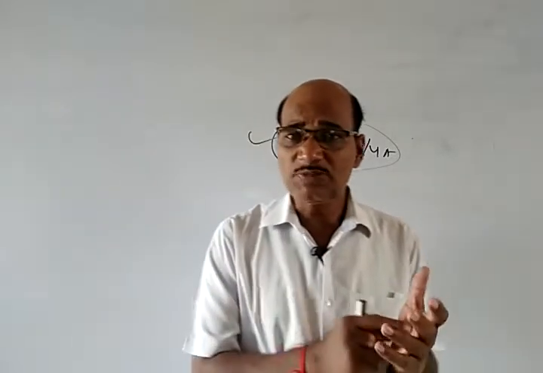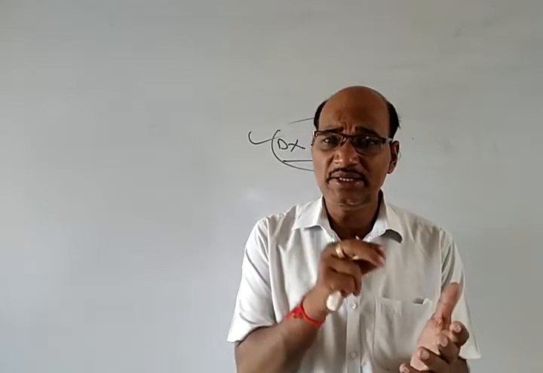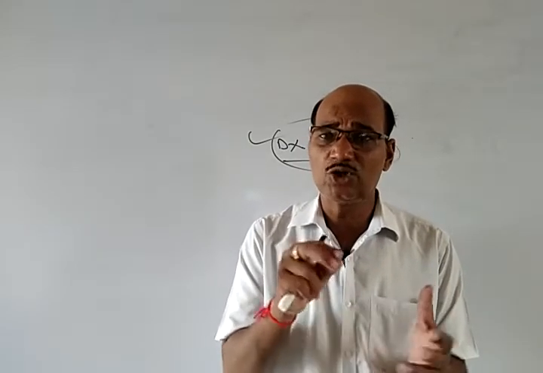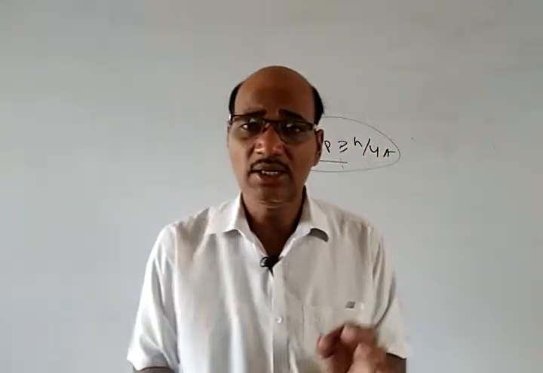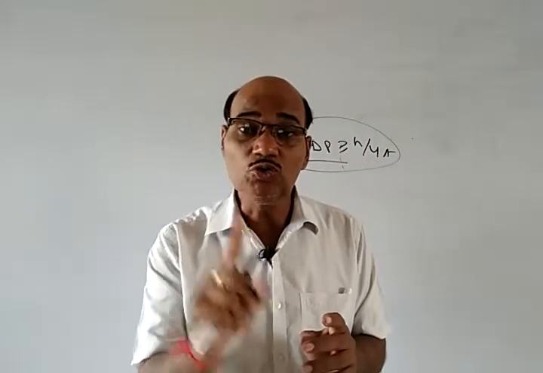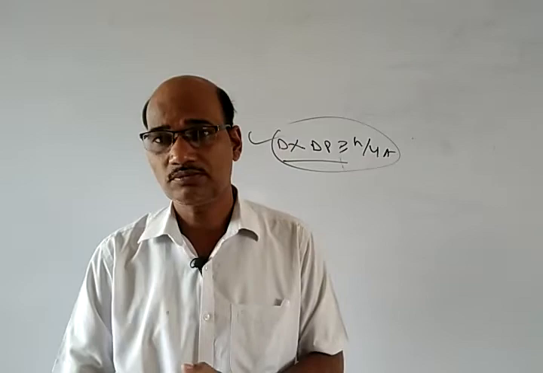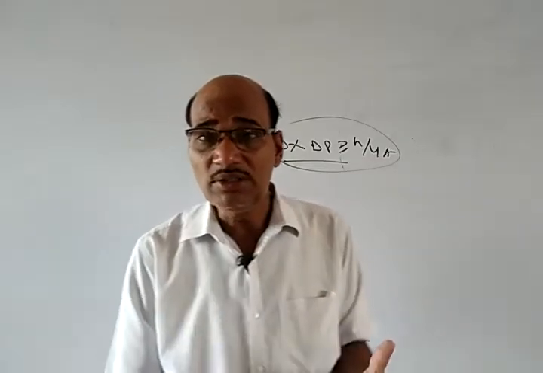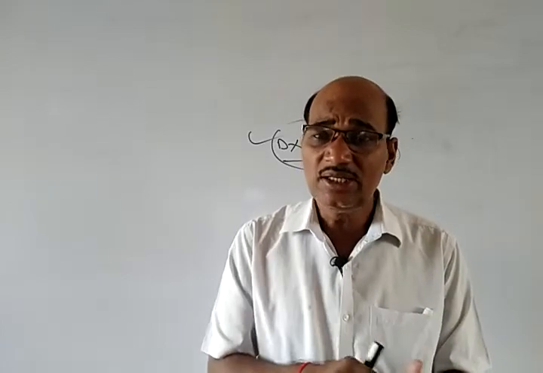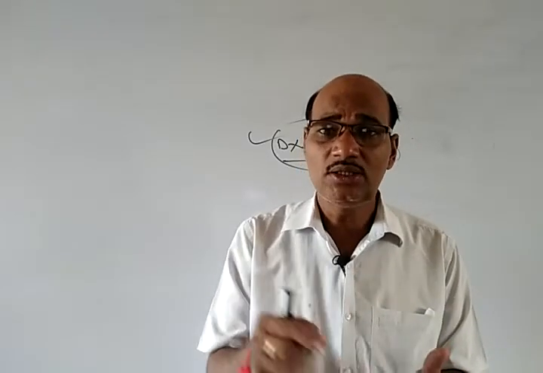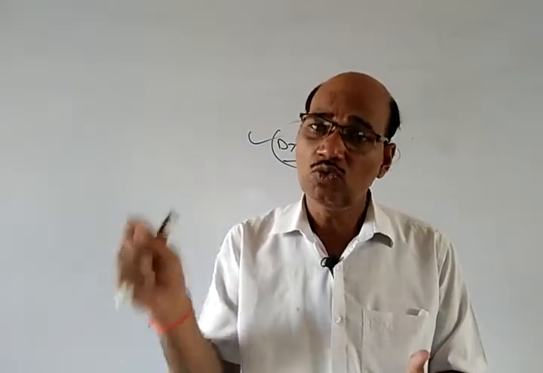The principal quantum number indicates the main energy level to which an electron belongs. It is denoted by the letter n, and n equals 1 to infinity. The azimuthal quantum number indicates the subshell present in a given shell, and l is equal to 0 to n minus 1.